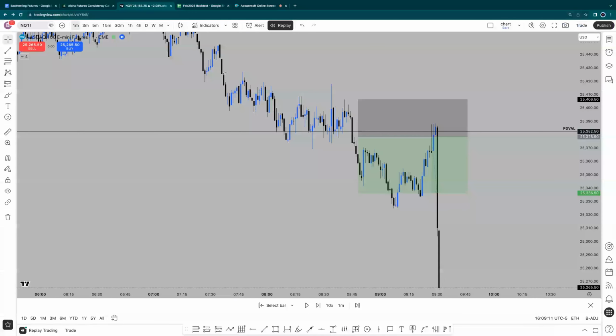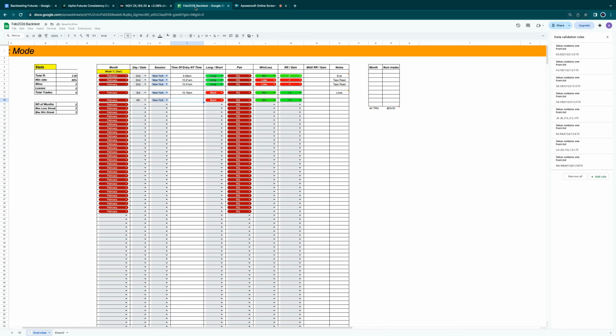And the time of the trade would have been 9:27 a.m., New York time. This was on the live as well. And again, we can just add $450 profit.